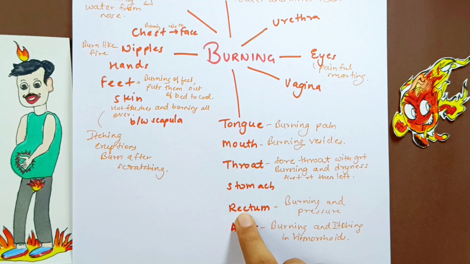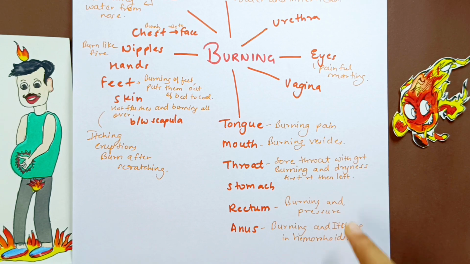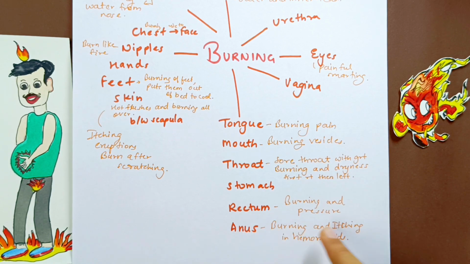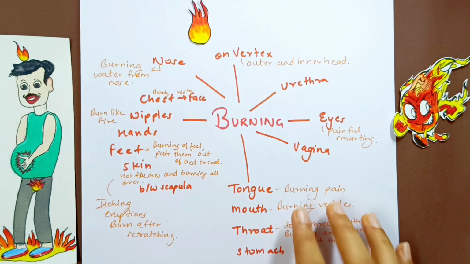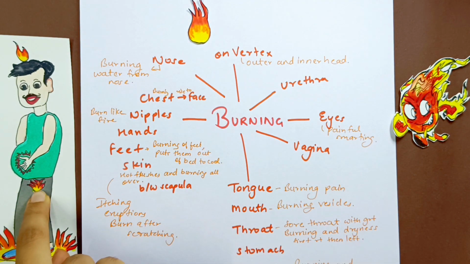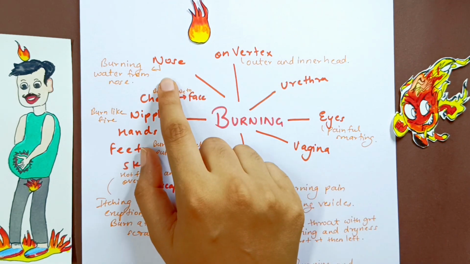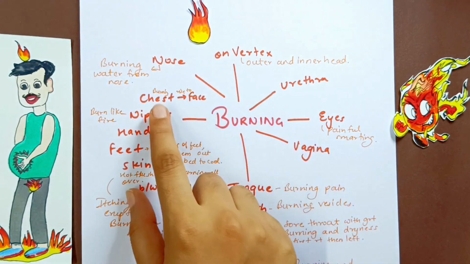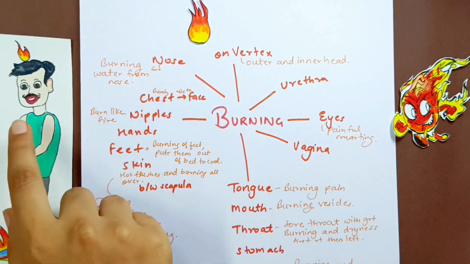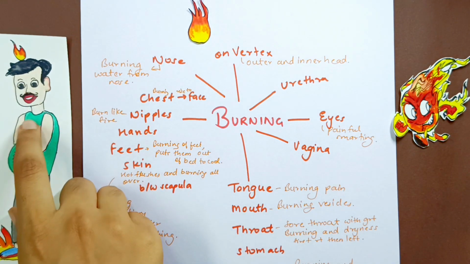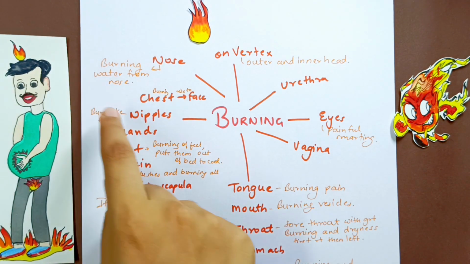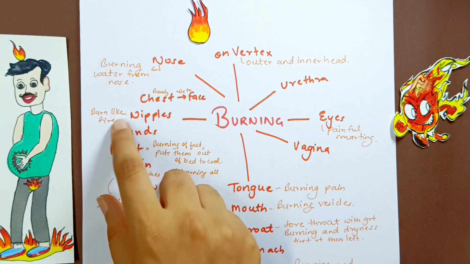There is burning in the rectum, burning and pressure in the anus, burning and itching and hemorrhoids. And on the vertex, outer and inner head, there is burning, water from the nose. There is burning in the chest which rises to the face. The nipples also burn like fire.